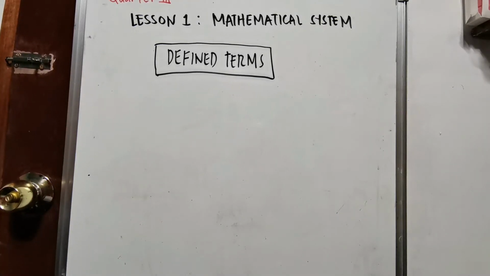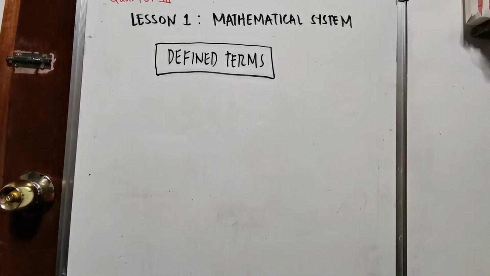So let us proceed to the next part of the mathematical system, which is the defined terms. When we say defined terms, according to its definition, we only define these terms using the given examples under undefined terms.